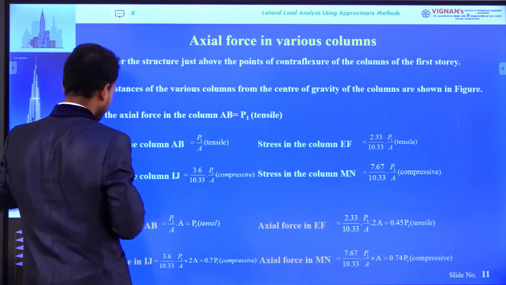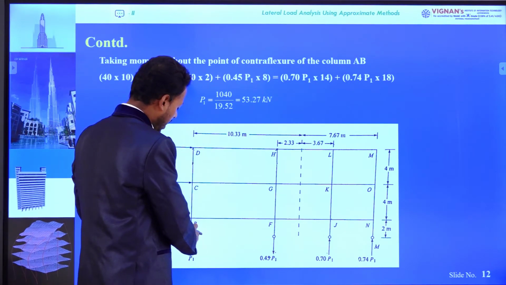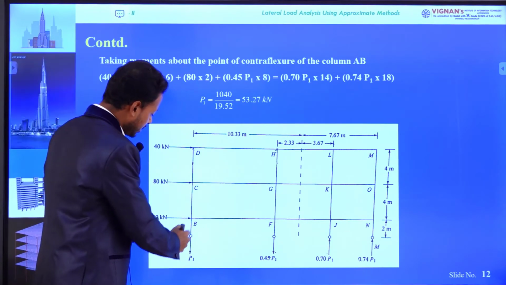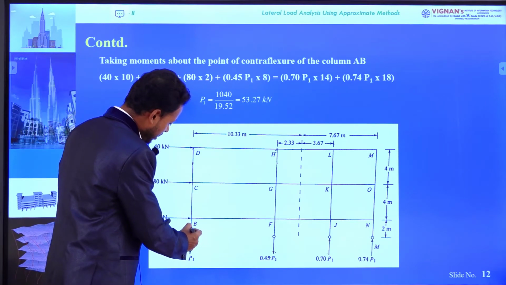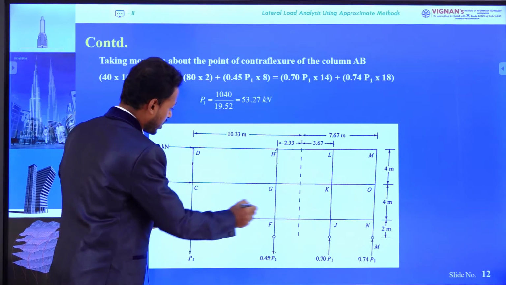Suppose for this column I have to calculate the stress. Okay, from here to here the distance is 0 and from here to here the distance is 10.33.